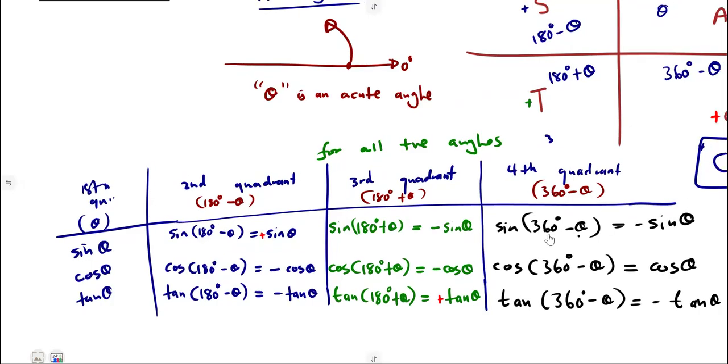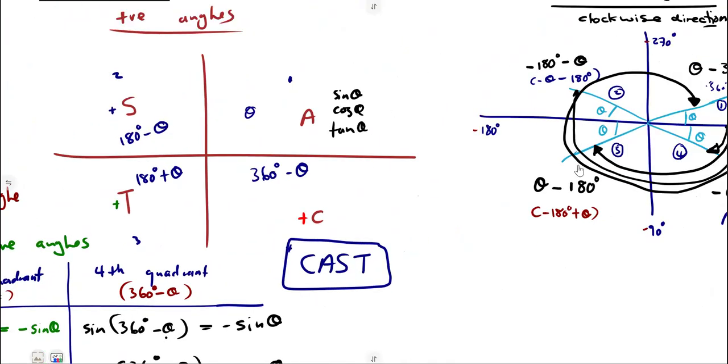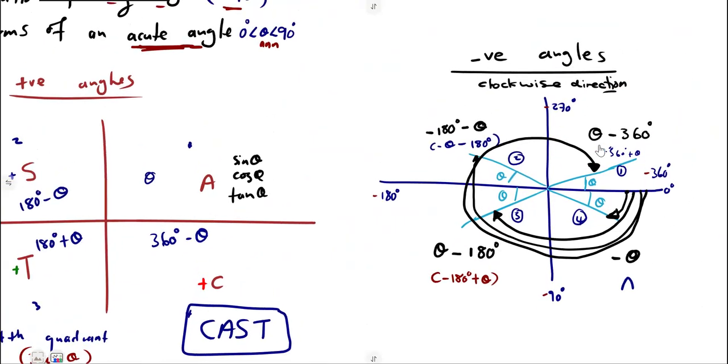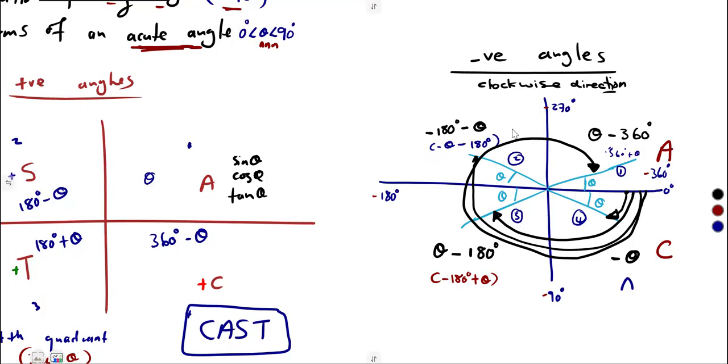But when you consider the negative angles, it has to be reduced. In the first quadrant, it's no longer theta, it's theta minus 360 degrees as we consider our negative angles. But the concept does not change as we apply our CAST concept. All positive in the first.